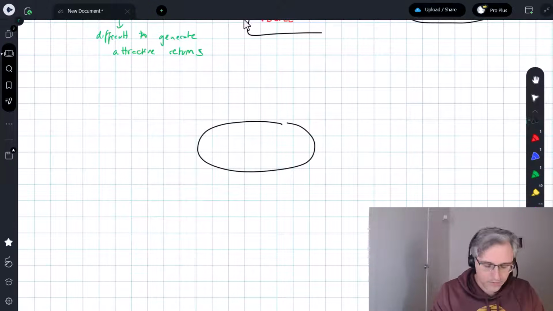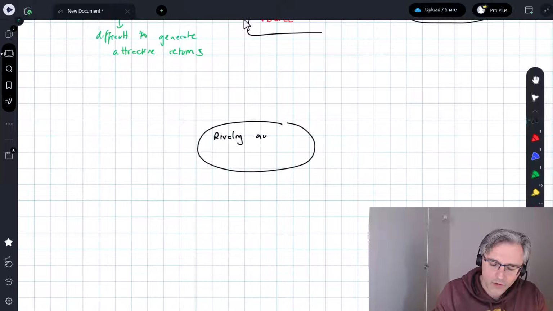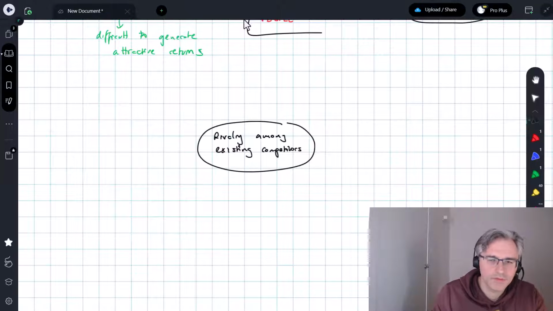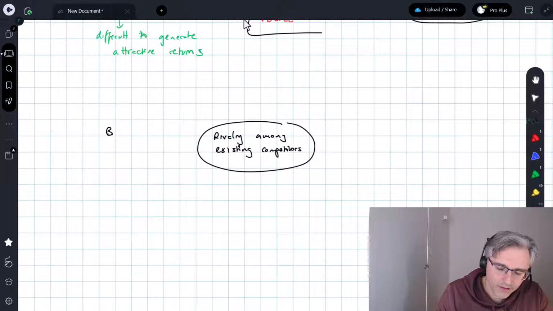In the middle, you're going to have rivalry among the companies who are already in the industry, so existing competitors. And then, to be honest, in no particular order, you're going to have the bargaining power of suppliers, typically on one side.